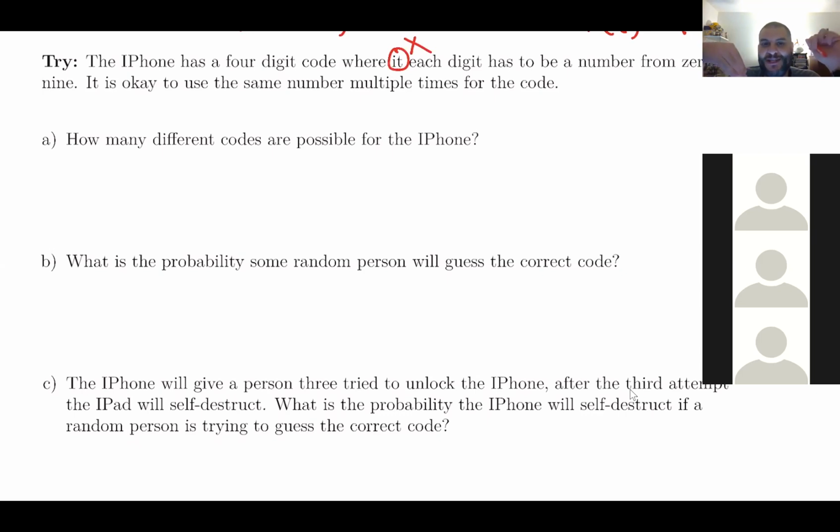Why? Perfect, good job. The reason is that the numbers can repeat. As soon as they tell you the number can repeat, you automatically know this is not permutation or combination; this is the counting technique.